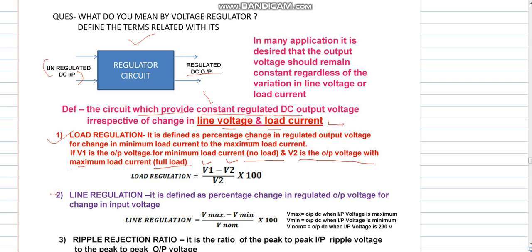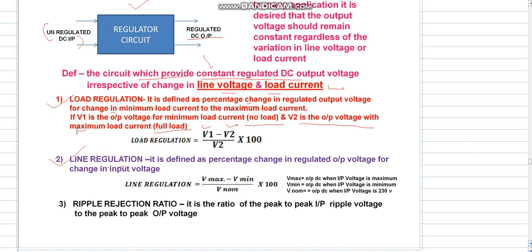The second factor is line regulation. It is defined as the percentage change in regulated output voltage for a change in input voltage. Whenever the line voltage changes from minimum value to maximum value, line regulation is calculated as (Vmax minus Vmin) divided by Vnominal multiplied by 100.